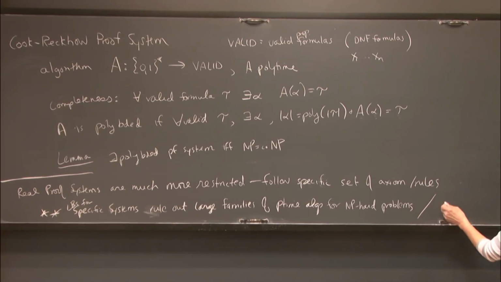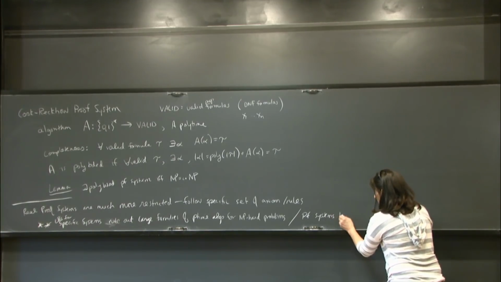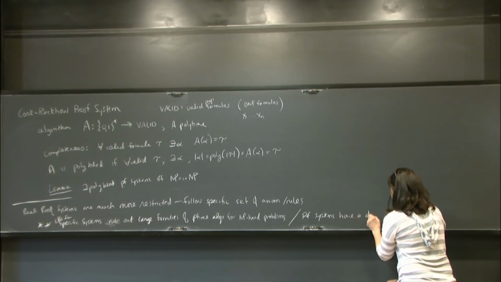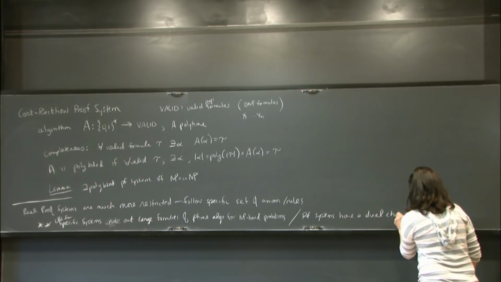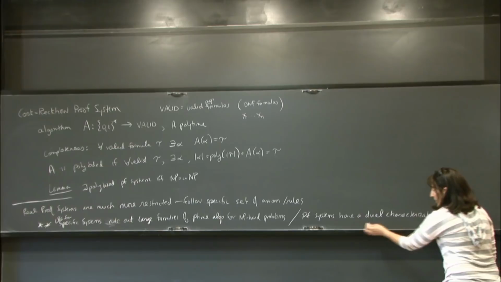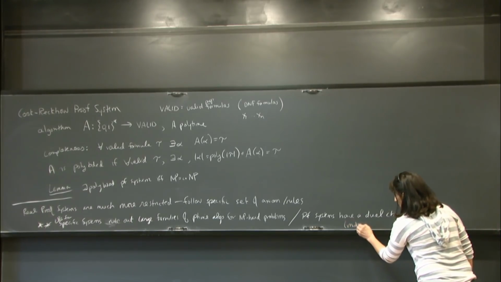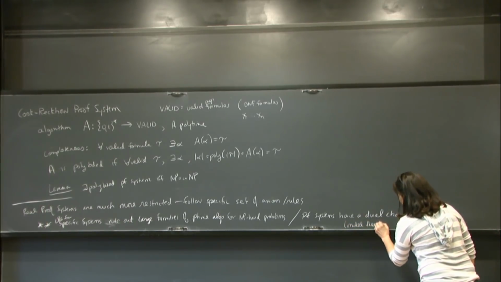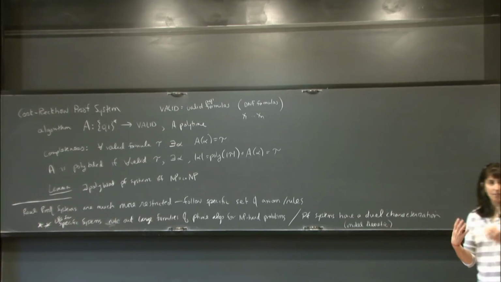And the other point I want to make is that these specific proof systems, or almost all of them, have a dual form, a dual characterization. All of the proof systems that we'll talk about have two views.